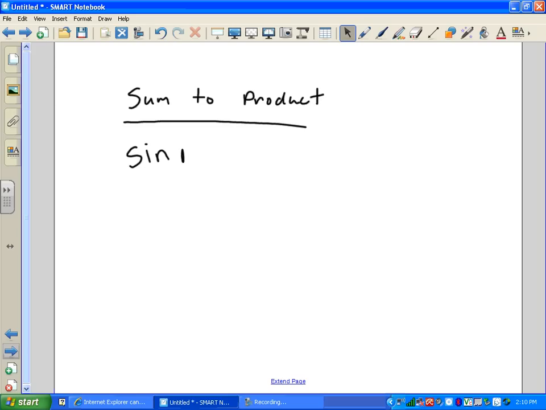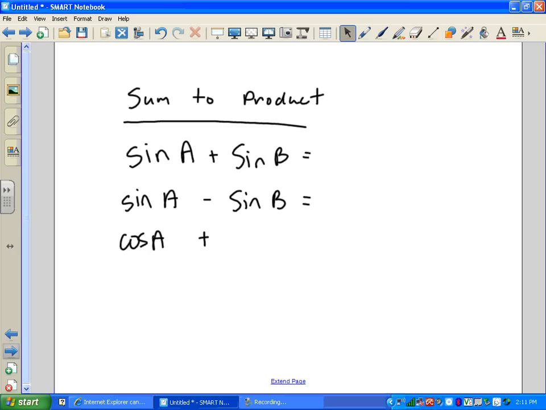We're going to do sine of A plus sine of B. So there goes your sum idea. We're going to fill this in just a second. I'm going to write it this way this time. And so we have sine of A minus sine of B, and then cosine A plus cosine B, and then cosine of A minus cosine of B. Okay, so we'll notice a pattern in these.